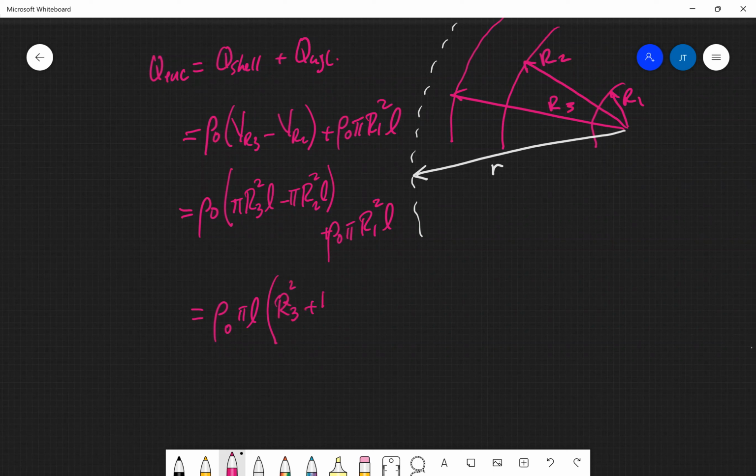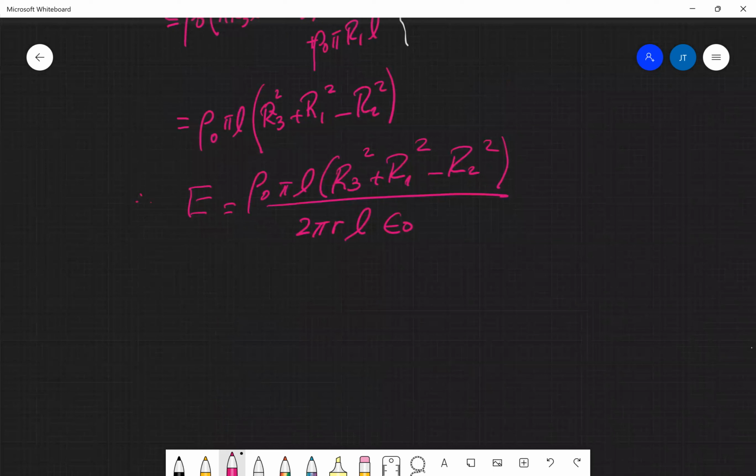Therefore, the electric field is Q enclosed over 2 pi r L epsilon naught. The pi L cancels, so I have rho 0 times constants, since we have fixed radii.